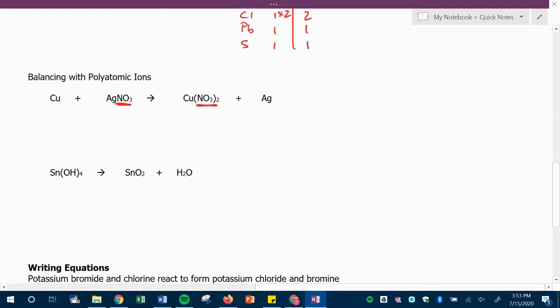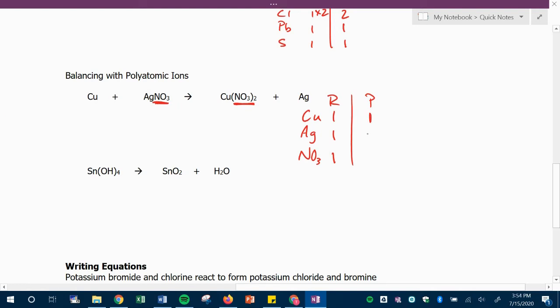So when we make our chart for reactants versus products, for our reactants we're only going to list Cu, Ag, and NO3. That's a little shortcut that we can take. For Cu, we've got 1 of them, silver we've got 1 of them, and nitrate we have 1 of them as reactants. Then as products, the copper is still 1.